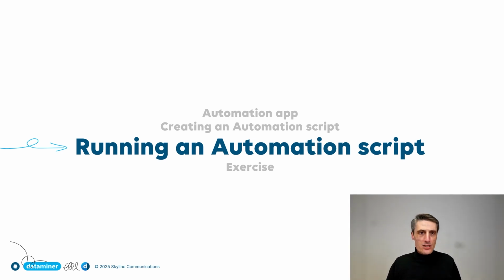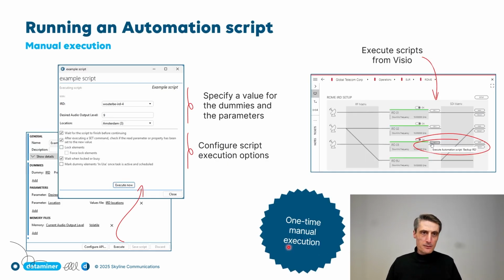Now, running an automation script, we did already run our automation script, but let's have a quick look at the options we had there. So when we clicked on execute, we get this pop-up. The very first time, when I only had the information event, it didn't require any user input. Then I also added the IRD there.